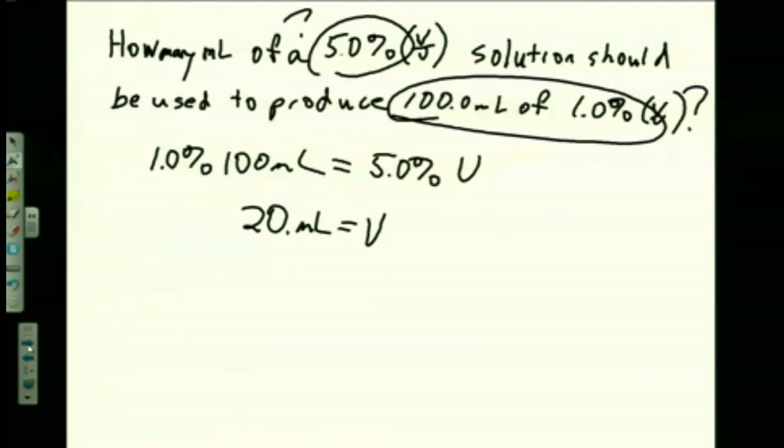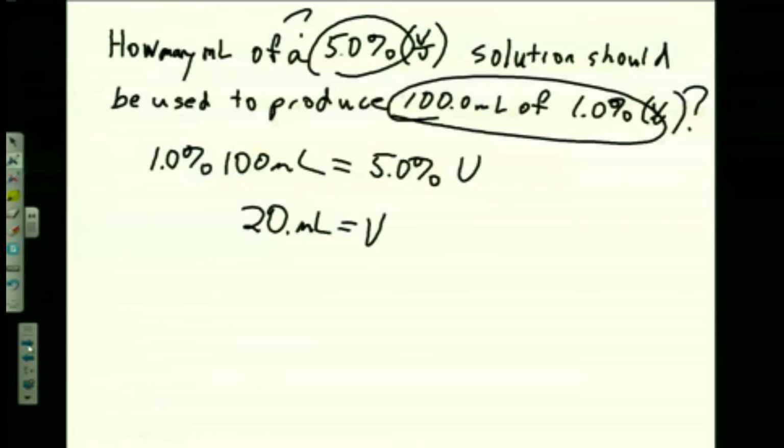It says to produce 100 milliliters, so that's my final volume. And 1 is less than 5. I'm going to dilute it to make a lower concentration. Concentration can't go up.